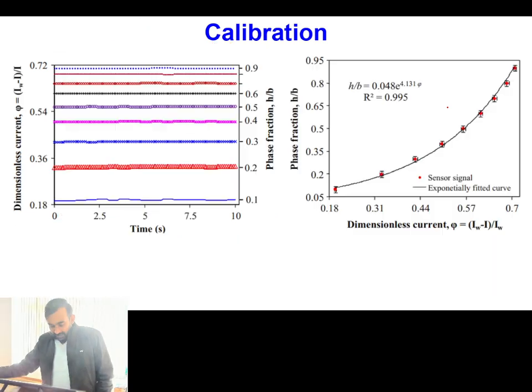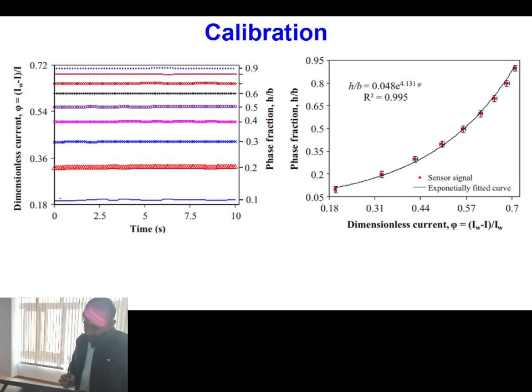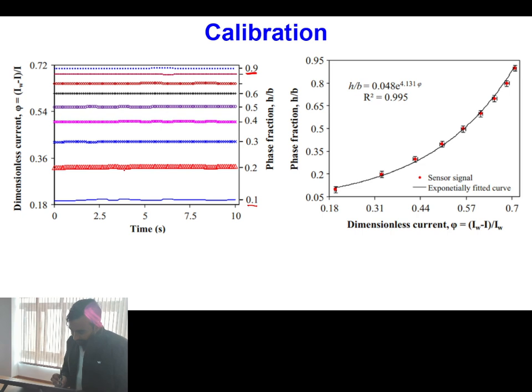Now we can utilize this data. Here you can see the data corresponding to different height values. This is H by B of 0.1 and this is H by B of 0.9. Is this one clear? Here you can see how the value changes for the same change in step.